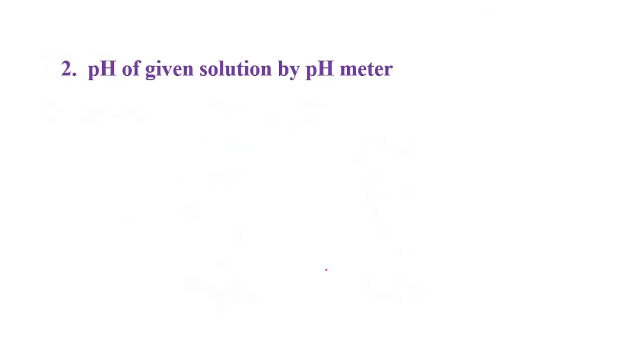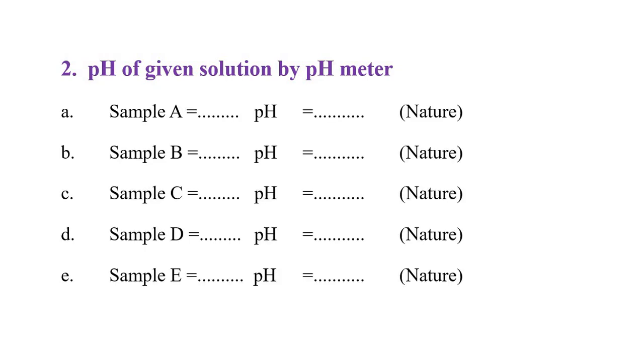Now we will see the pH of the given solution by pH meter. For this again we have a different result table. In this again samples A to E are given. You have to write down the pH and not the color change. Here the pH which you observed by pH meter is to be written, along with the nature of the solution.